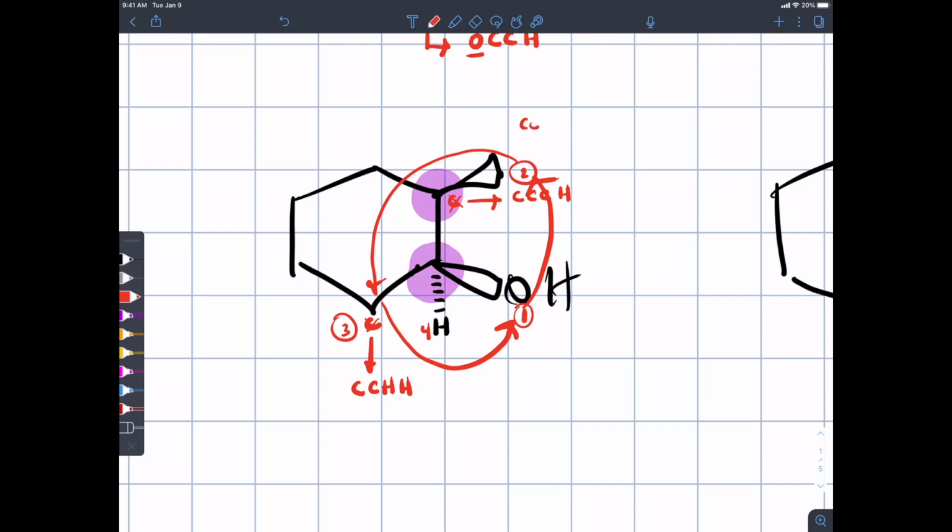That is counterclockwise. And again, the lowest priority group, proton, is down. Therefore, that stereocenter is S. And that comes from the Latin sinister, which means left.